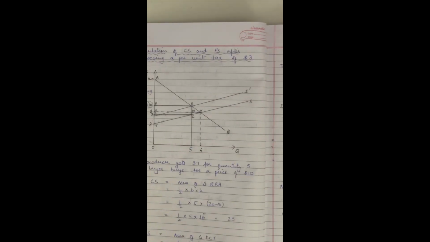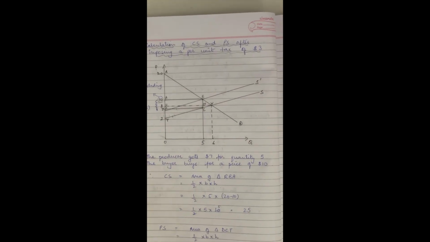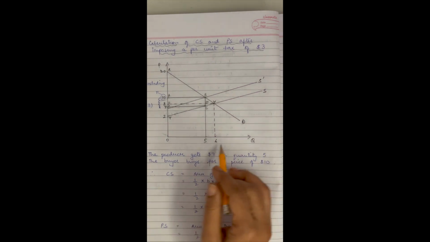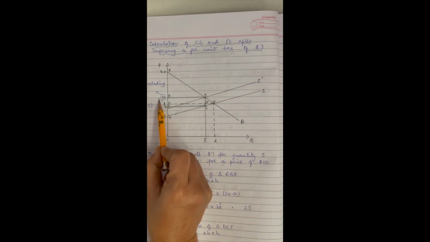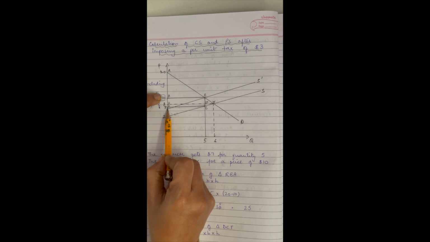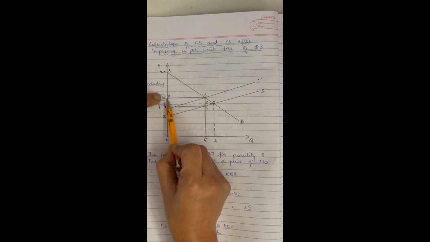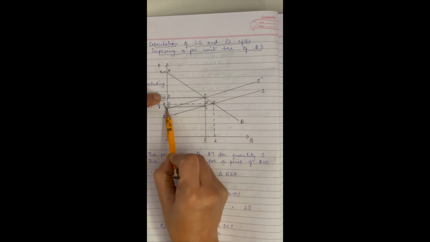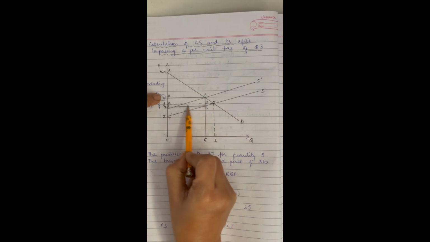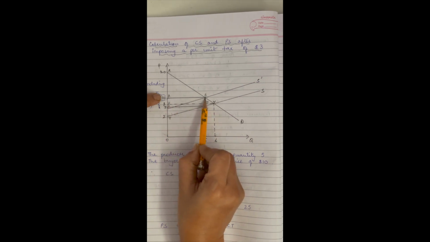I'll go back again and show it to you. Okay. So now in this, as I told you, this difference of 10 minus 7, which is 3, is the tax area. So ABCD is your tax revenue for the government, right?